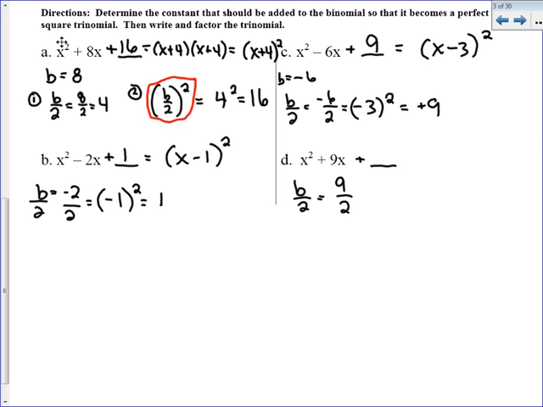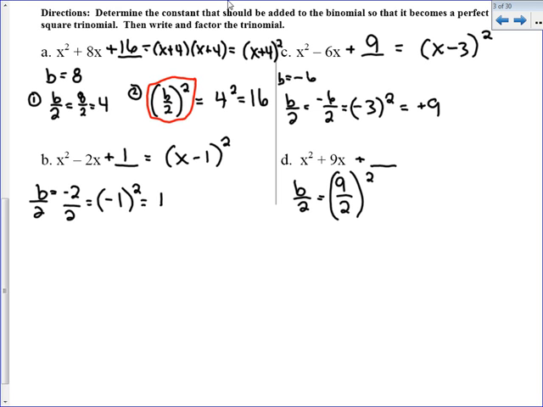So first step is divide by 2. So I can represent my division by 2 by just writing 9 over 2. Second step is that I need to take that 9 over 2 and square it. How do you square 9 over 2? There's actually a couple different ways. Multiply it by itself. Simplest way. I mean, think about what's 4 squared? 16. How do you get it? 4 times 4.